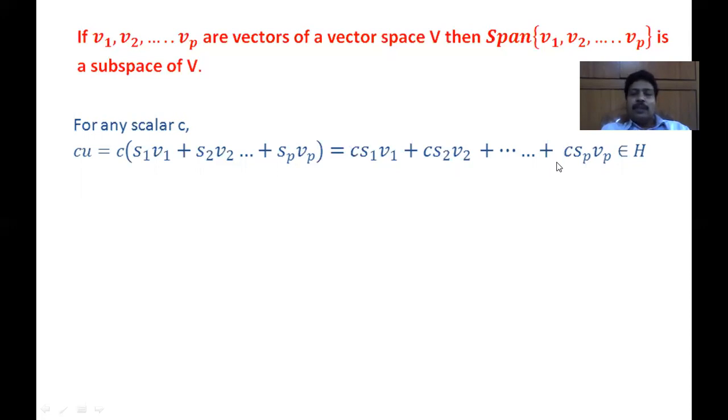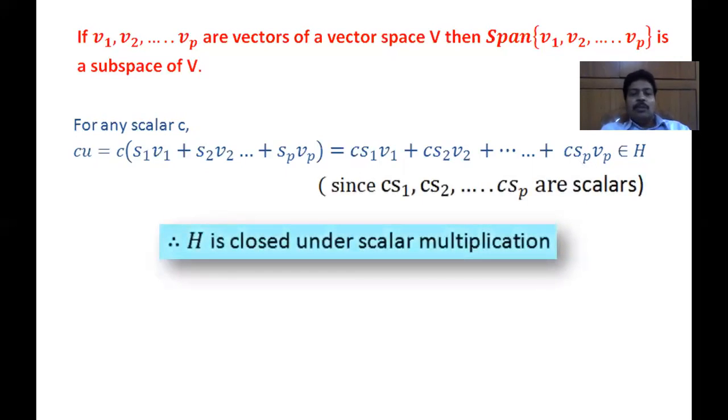It is also in the form of c1v1 plus c2v2 and so on cpvp. So cu is a linear combination of these v1, v2 and so on, vp. So cu is in the span of v1, v2 and so on, vp, which is nothing but H. So cu is also in H. So H is closed under scalar multiplication.